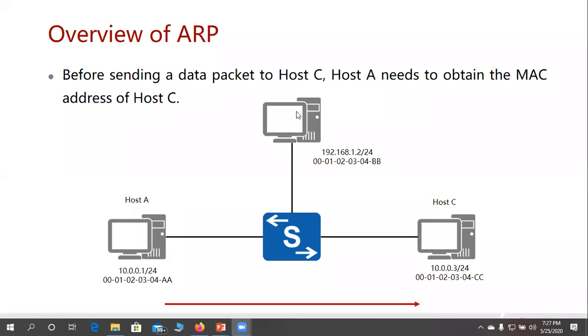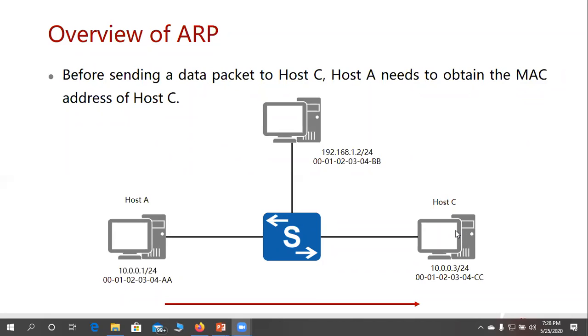So this device will receive a message. And of course, in that message, host A is going to put the IP address of host C. So this host will receive that message, open it and compare the IP address in the message with its own IP address. If they don't match, it will drop that message.